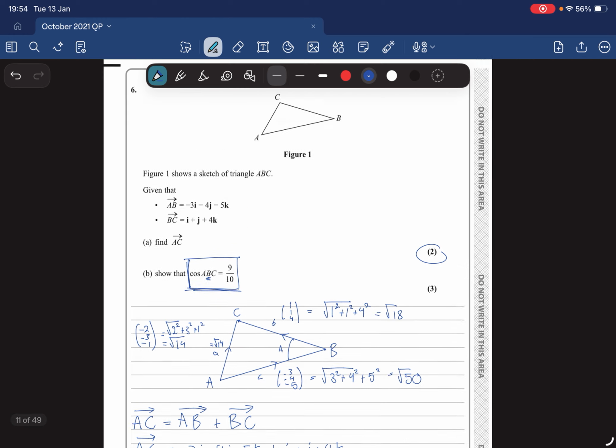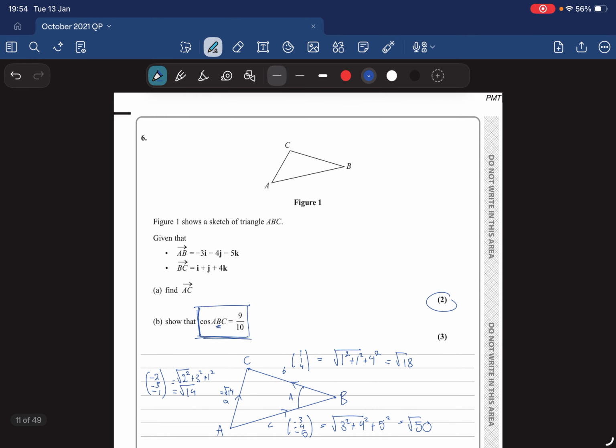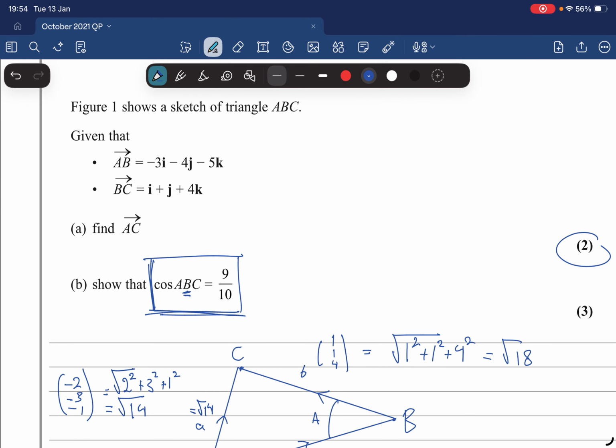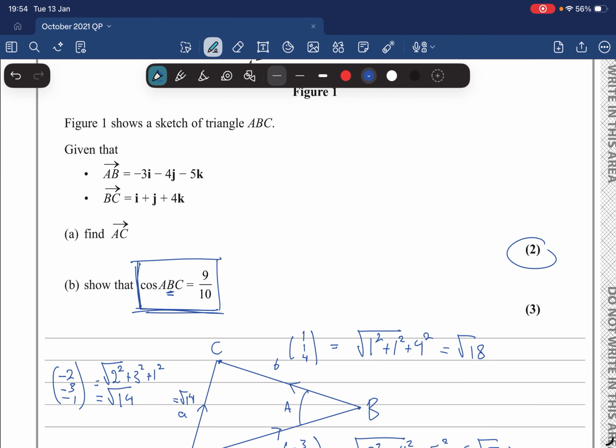Cool. So when it comes to the cosine rule, because we're trying to find an angle, there are 2 cosine rules that I remember. You can do the whole rearranging thing to make the angle the subject of the formula, and that's cool. But to minimize mistakes, I tend to just remember it by memory.